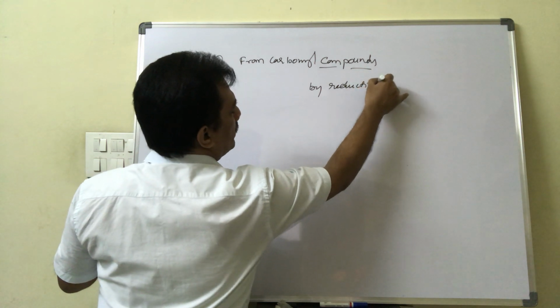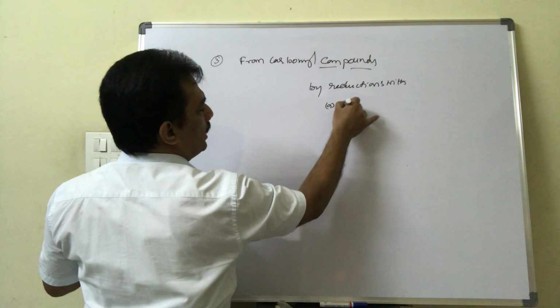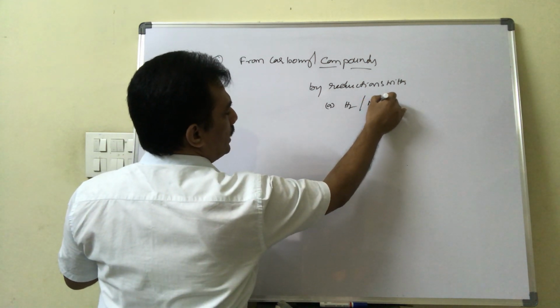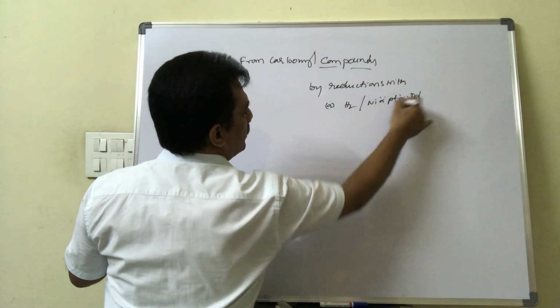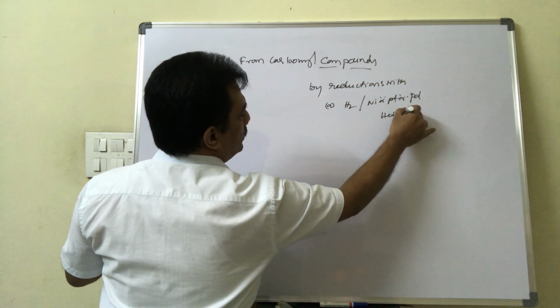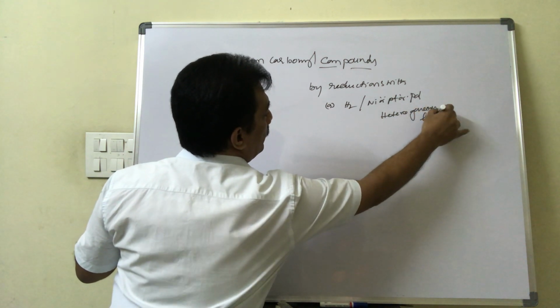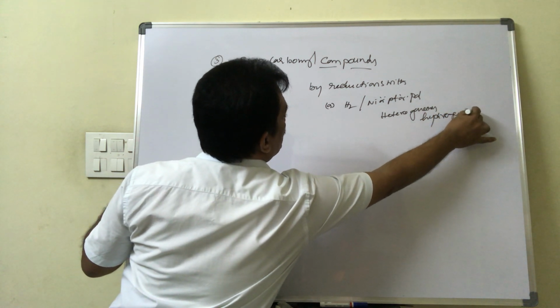By reduction with the reagents, what we can use here is heterogeneous hydrogenation, that is hydrogen in the presence of nickel or platinum or palladium. Heterogeneous hydrogenation, just remember.